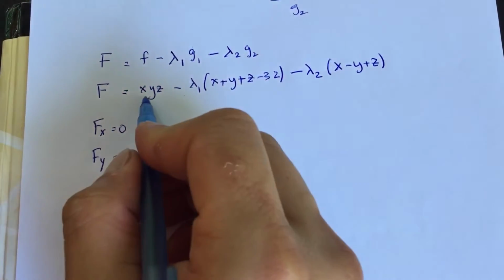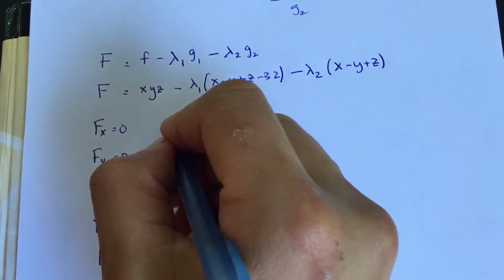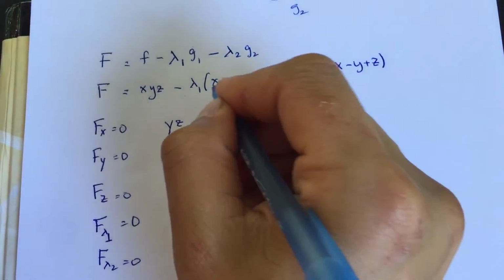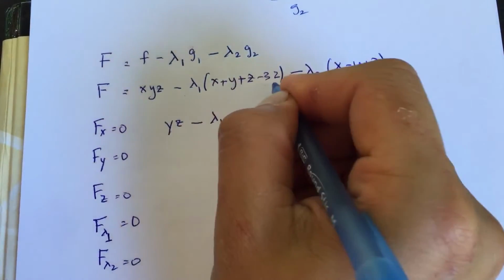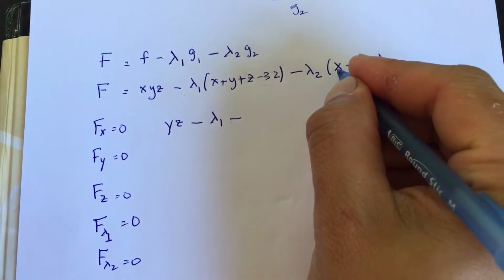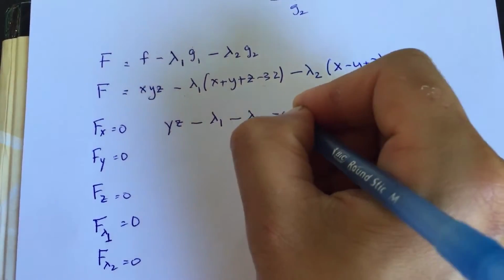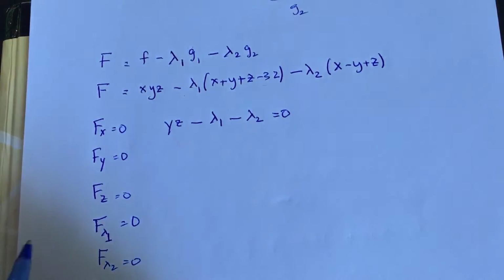Now, F sub x: take the derivative with respect to x, you have yz minus lambda 1, since the derivative of x is 1 and the rest is 0, minus lambda 2. I want this equal to 0. We're going to deal with that after this.